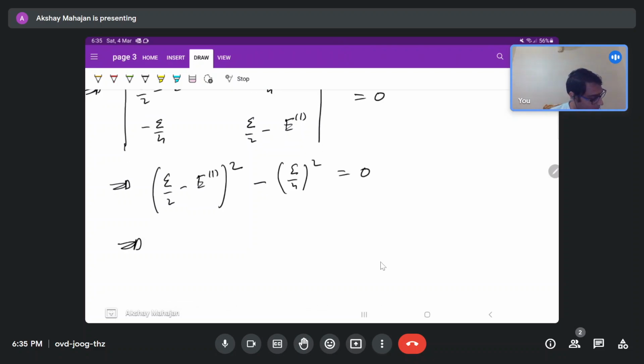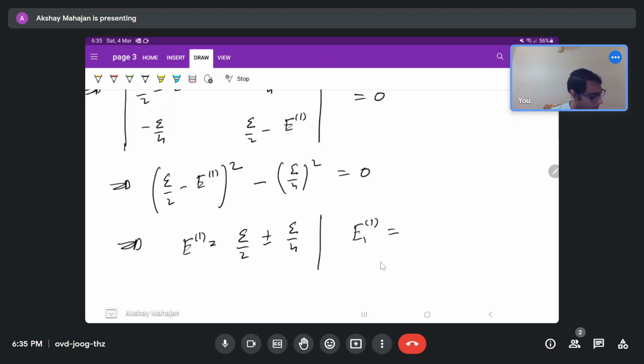So you can see this will give epsilon by 2 minus E1. Basically we will get our energy value E1 as epsilon by 2 plus or minus epsilon by 4. So we have two values.